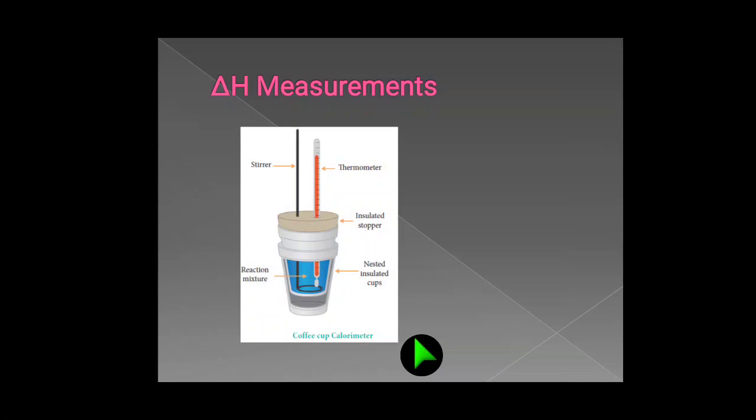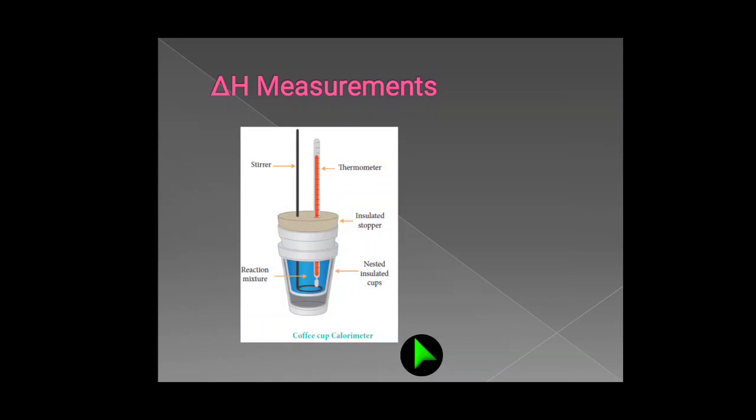Instead of a bomb, a styrofoam cup is used in this calorimeter. It acts as a good adiabatic wall, so it does not exchange heat with the surroundings. It does not allow the transfer of heat produced during the reaction to the surroundings. This entire heat energy is absorbed by the water inside the cup.